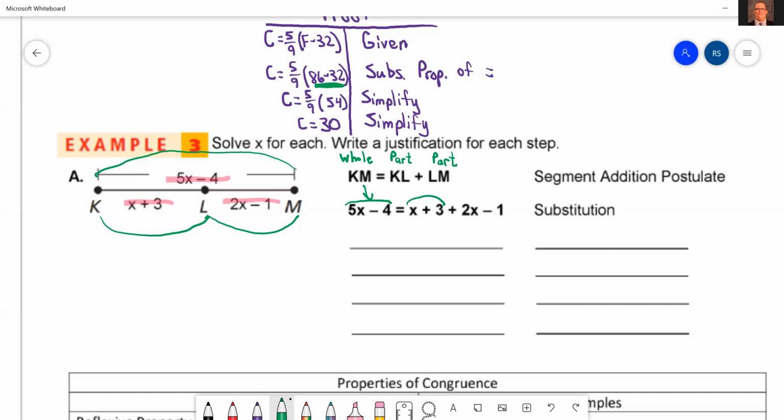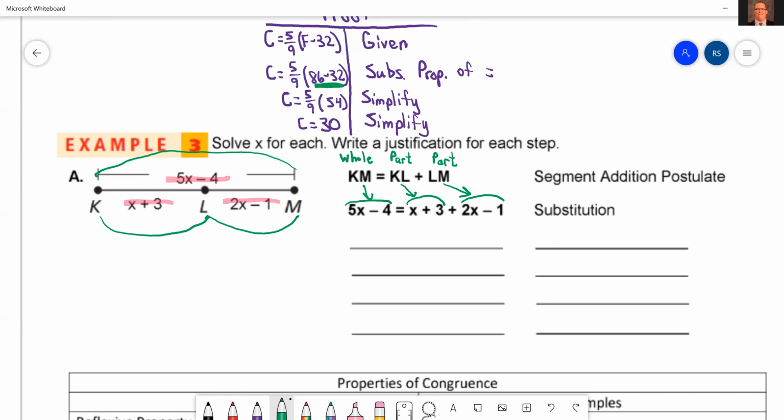That's how they got that piece. L to M is 2x minus 1. That's how they got that piece. So they just substituted those in. Now we've got to finish solving. They've got it to a point that we can solve it.